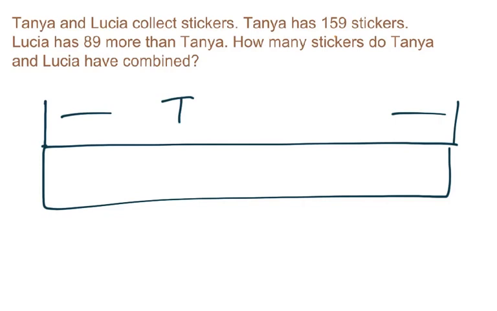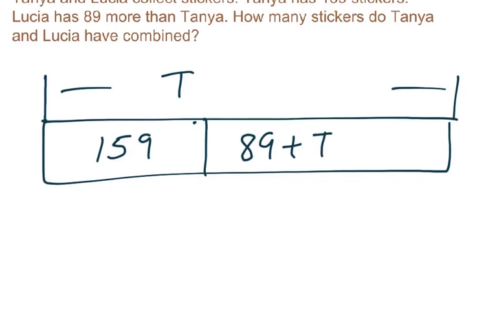But the information we do have is that Tanya has 159, and Lucia has 89 more. So we're going to set up a mini equation in here: this is 89 plus whatever Tanya has, which is 159.